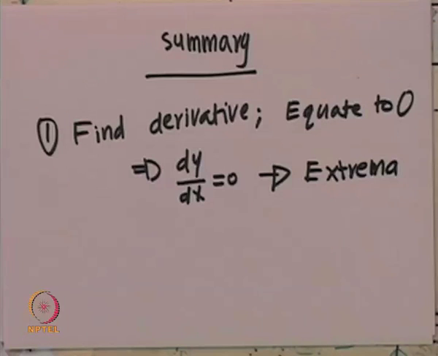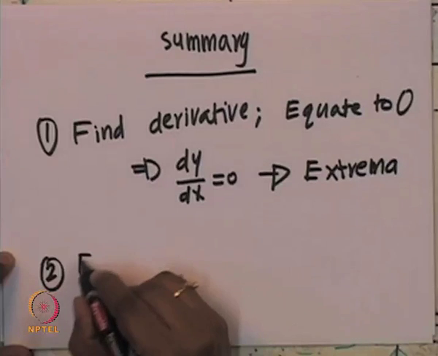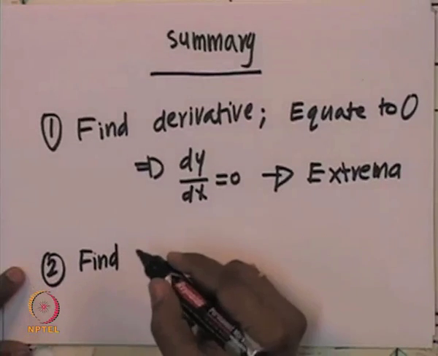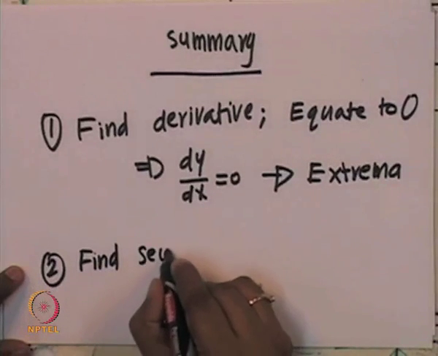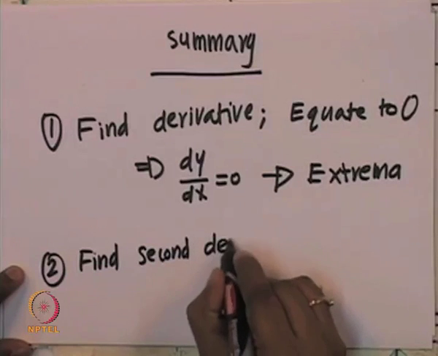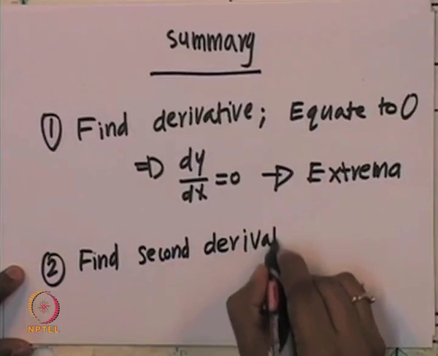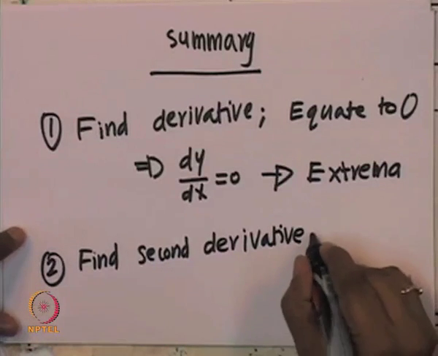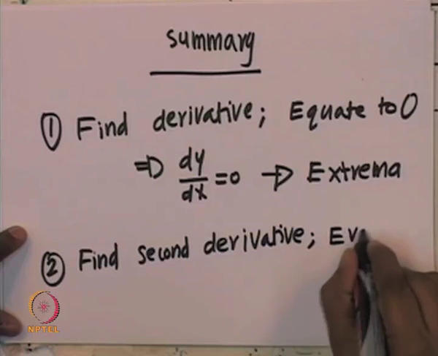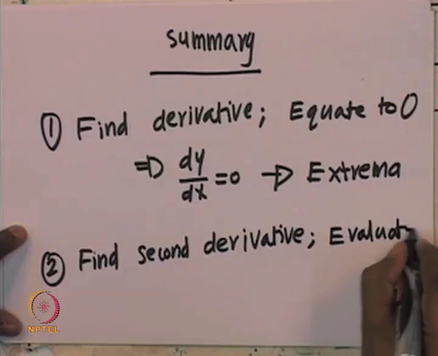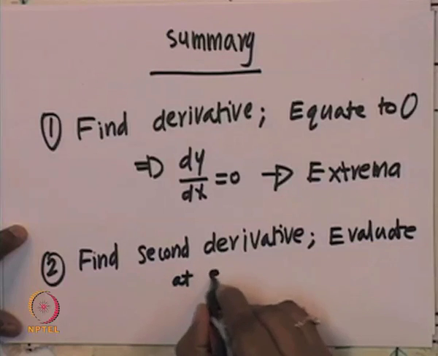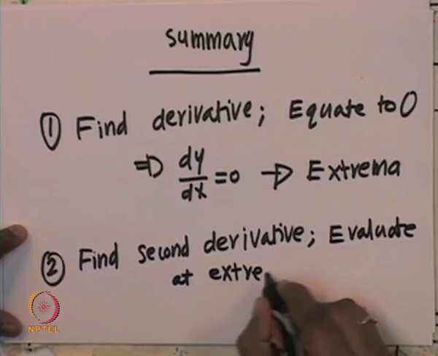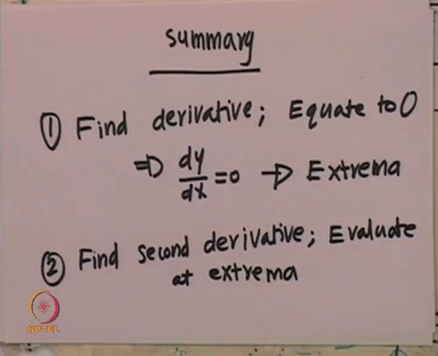Now, the second thing we learned is to find the second derivative and evaluate it at the extrema, that is, evaluate the second derivative at these points.